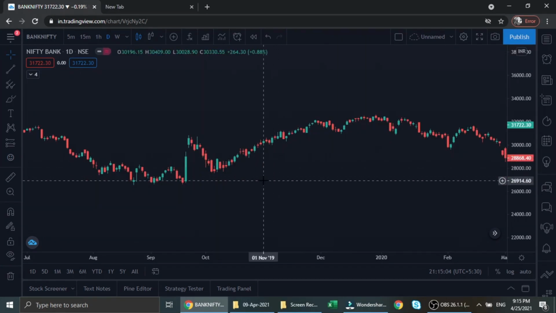So let's create the same waves or swings on Bank Nifty on the daily time frame. We'll start from Nirmala's candle.